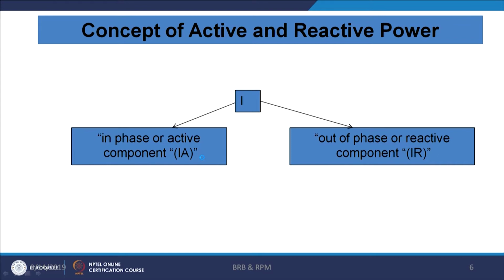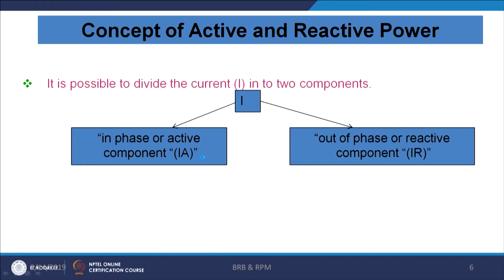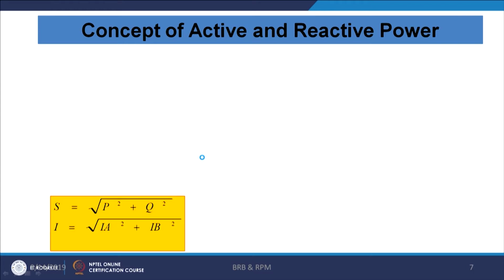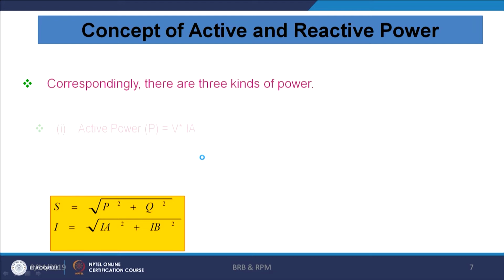So, we can split the current into an in-phase component and a reactive component. It is possible to split it into these two components. Apparent power is given by S squared equals P squared plus Q squared, and similarly we can split the current.